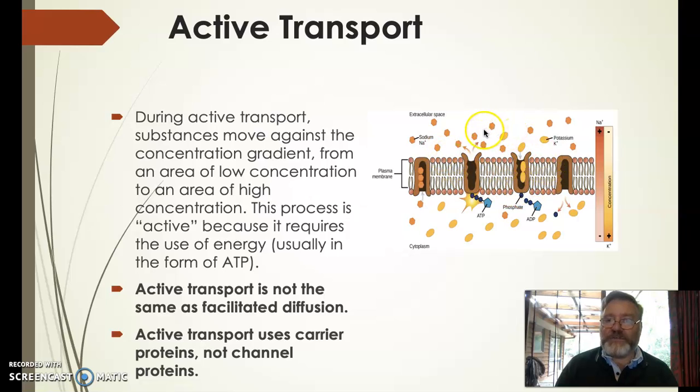You want to bring it against the concentration gradient, and you need to actually use some energy to draw that through. So again, it uses these protein pumps, and the help of a carrier protein, rather than simply a channel protein, and it moves these across from the outside into the inside. But this time it costs energy. So active transport costs the cell energy.